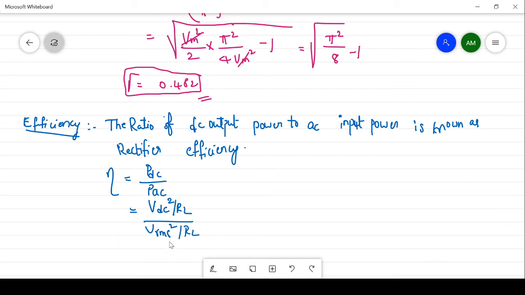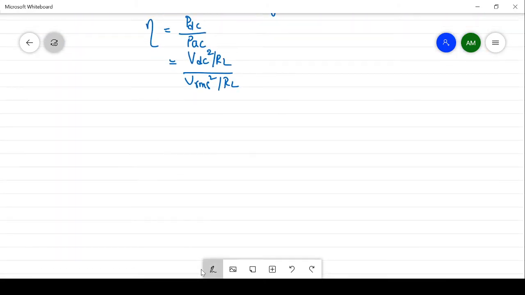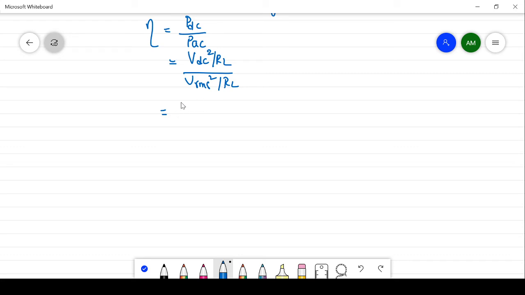So here VDC is nothing but (2Vm by pi) whole square by RL, into RL by VRMS square, which is nothing but (Vm by root 2) whole square here.